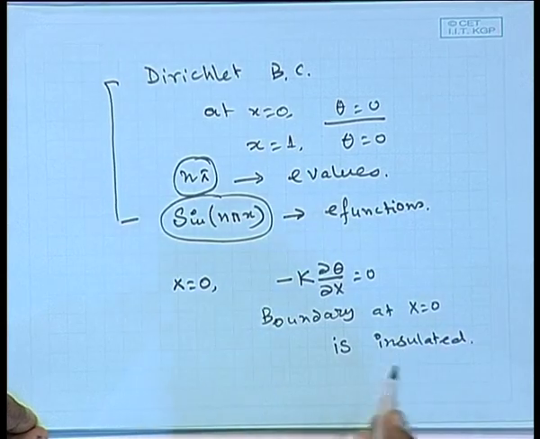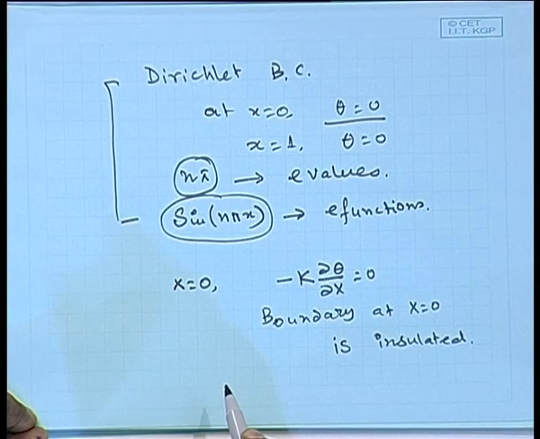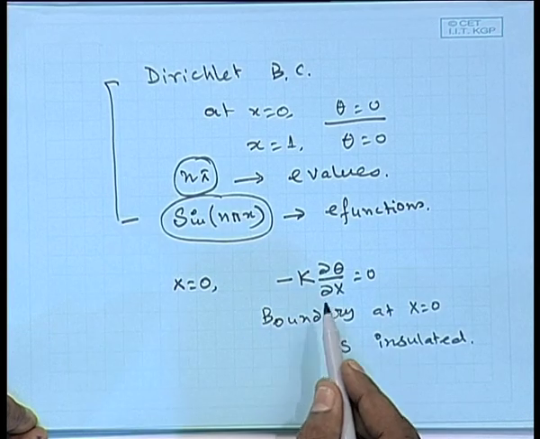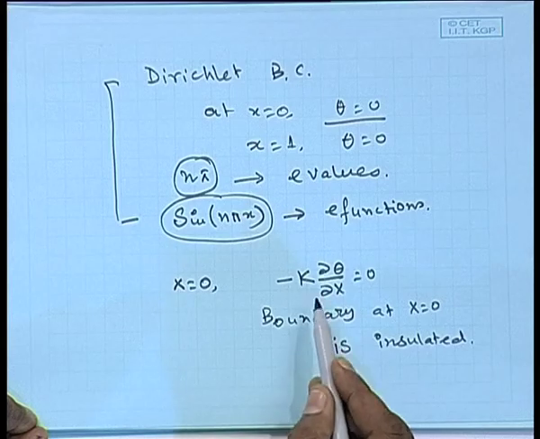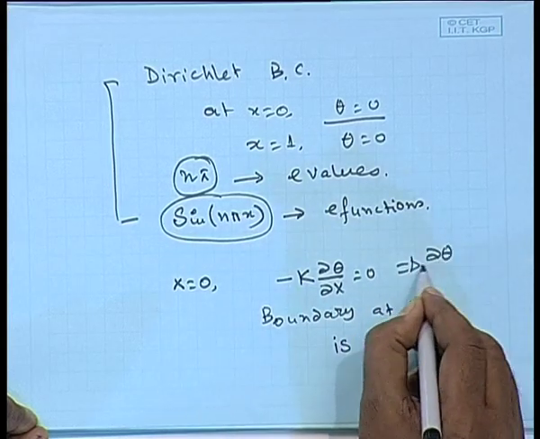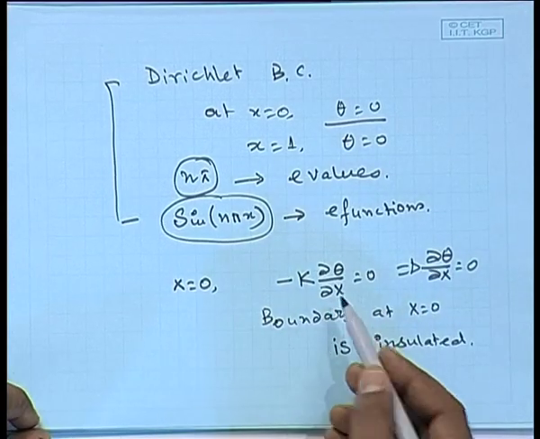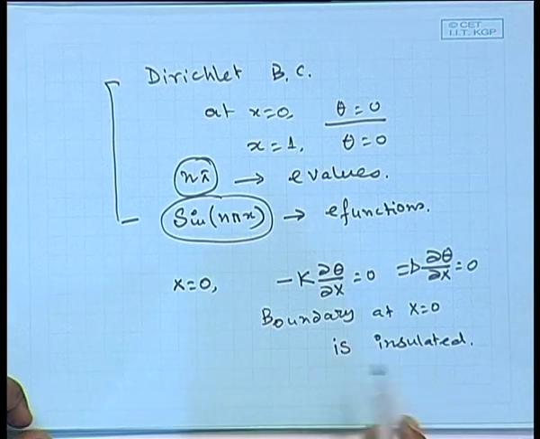Now, the heat flux at x equal to 0, the heat flux that is coming in by conduction, will basically be del theta del x equal to 0. It is basically minus k del T del x, and theta is a scaled temperature.